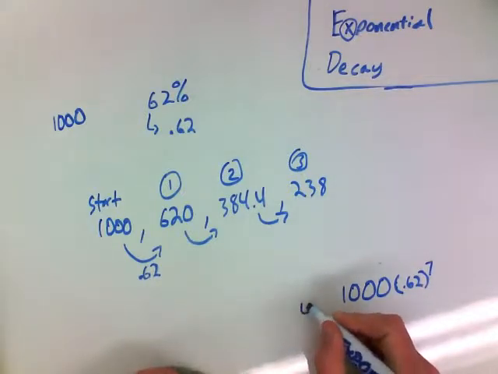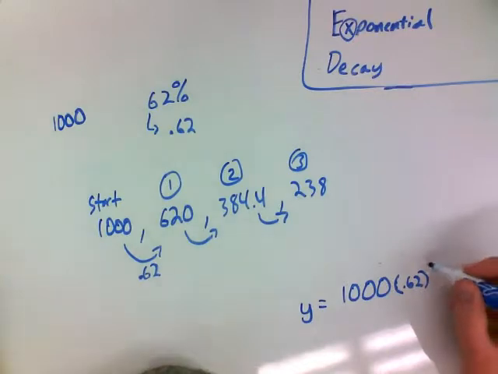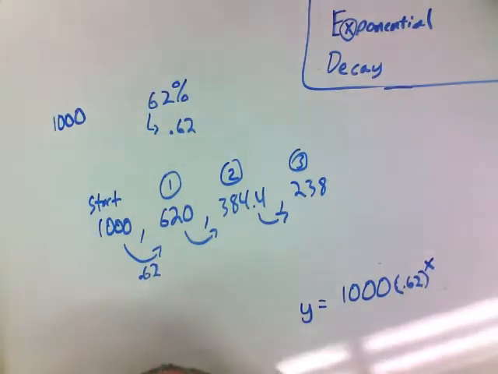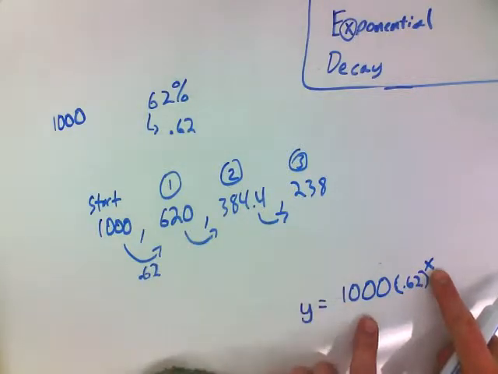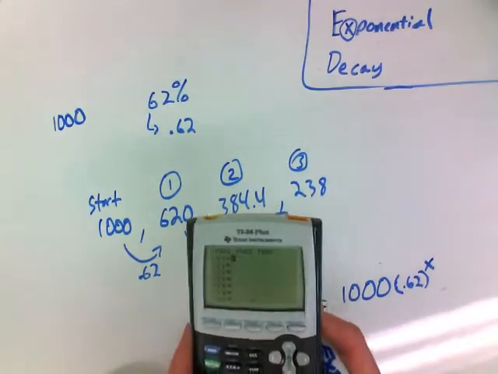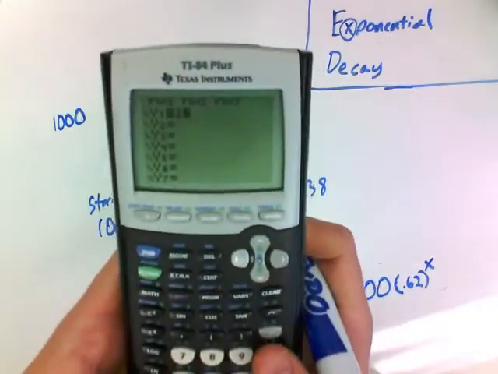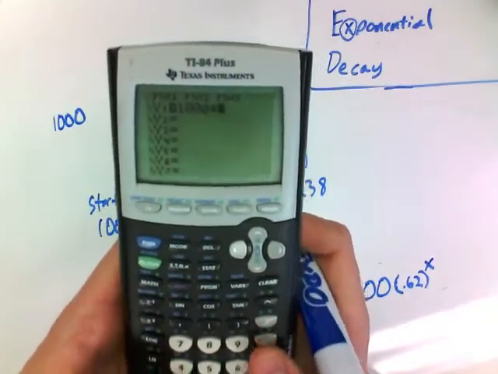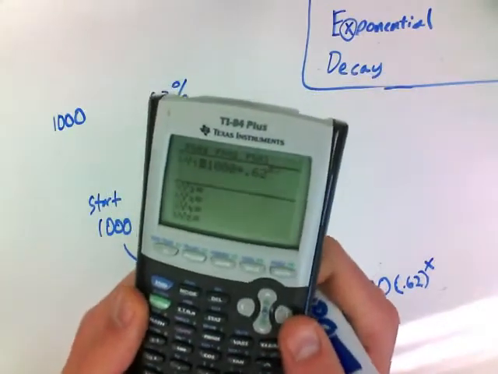Well, to make it more general, how many times would I have to do it after any amount of bounces? Well, that's the part where the x comes in, right? I could plug in a 5, and this would give me an output of 5 bounces. I could put in a 12, and it would give me 12 bounces. You can make a table very easily off this, right? And say, okay, well, I'm going to start with 1,000, and I'm going to multiply by 0.62 to the x power, right?